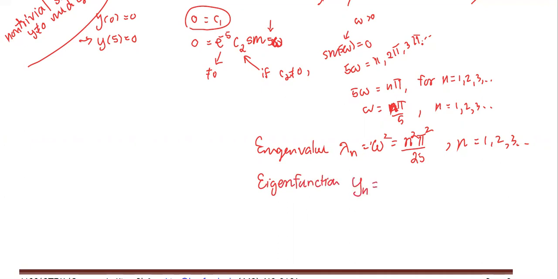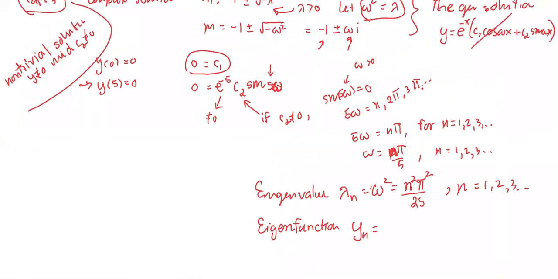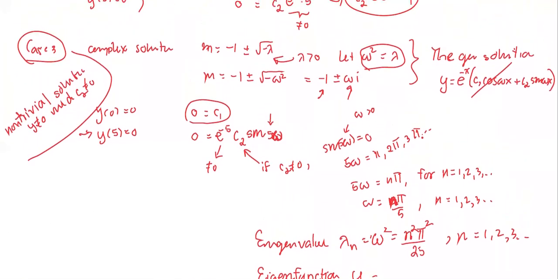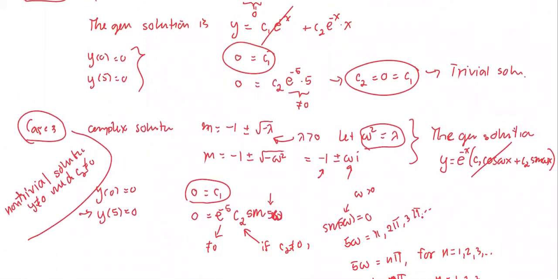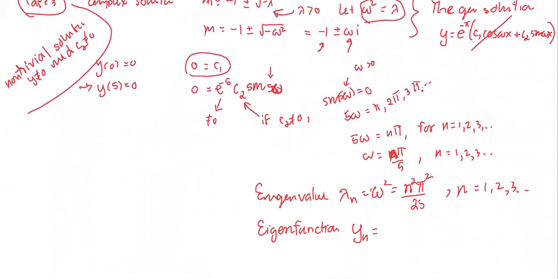y n equals, back to the general solution that we got earlier. So the general solution here, bring it to this form, ignore the c2 because c2 is just the constant multiple to the fundamental solution of the differential equation. So ignore the c2.